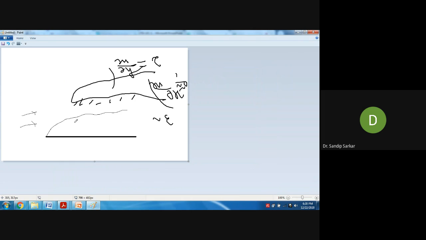So inside the boundary layer, what is there? Del U del Y is not 0. It will be there. It is very high. But del U del X is of order epsilon, which is very small.